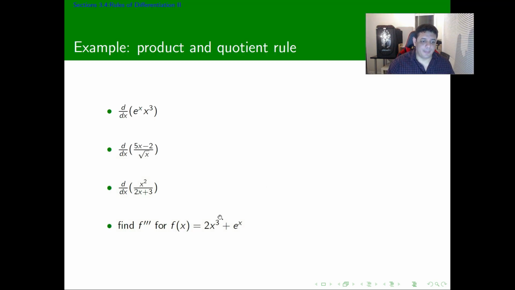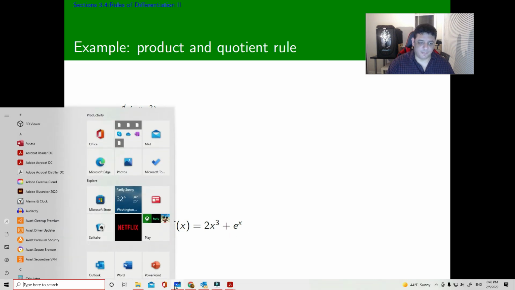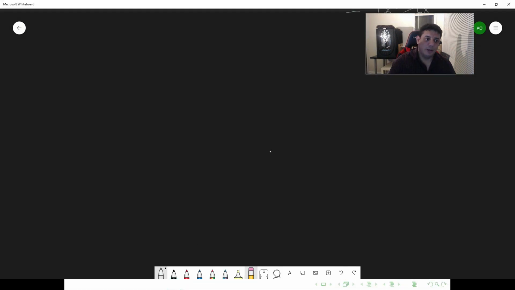Now, this is just a recall of higher order derivatives. We're not really using any specific product rules in here. So let me just transform this into an example for a quotient rule. So let's consider f of x equals 2x cubed plus e to the x, and let's actually divide this by x.